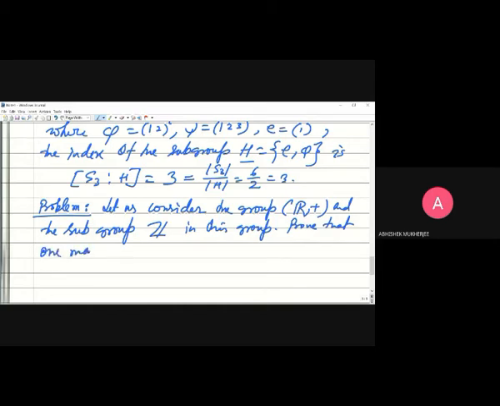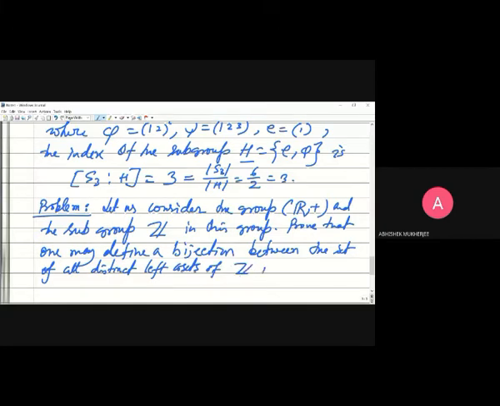One may define a bijection, a bijective map between the set of all distinct left cosets of Z in the group R and the set, the semi-closed interval [0, 1), closed at 0 and open at 1.